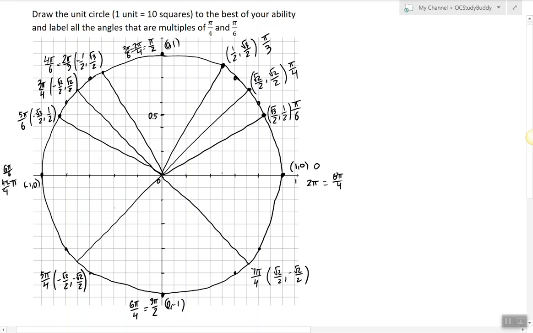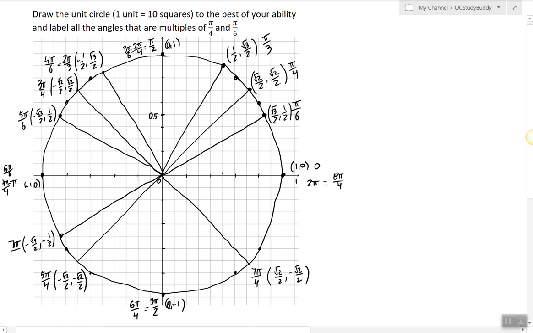Next one will be 7 pi over 6, which has y-coordinate negative 1/2, and the x-coordinate is negative √3 over 2. Next one is 8 pi over 6, which is the same as 4 pi over 3.